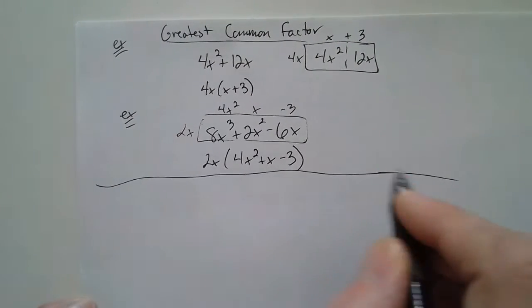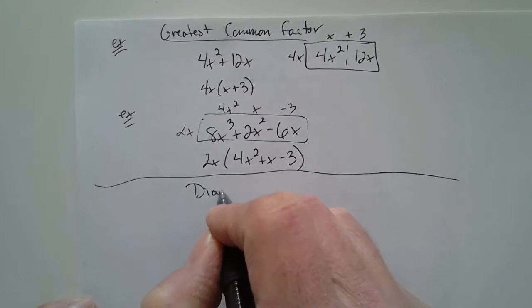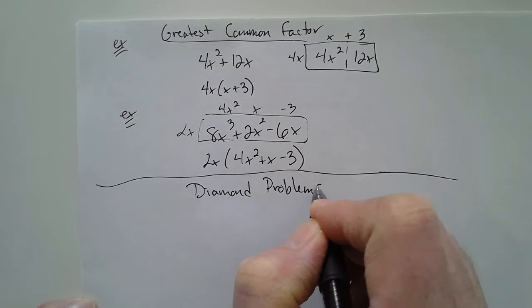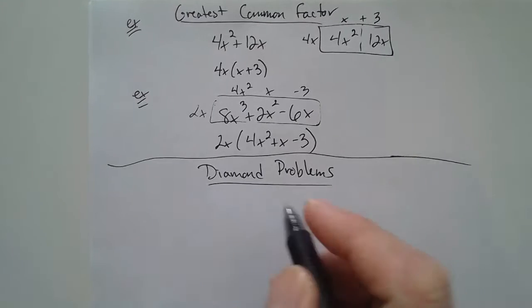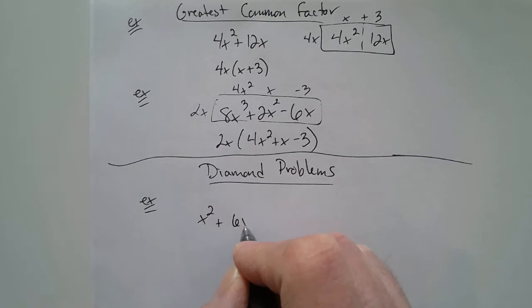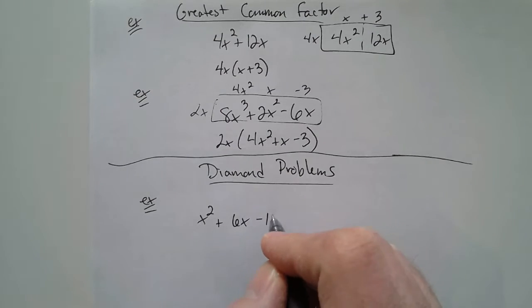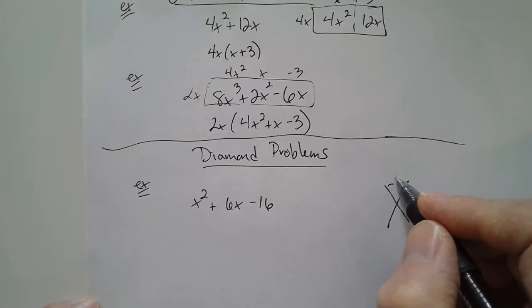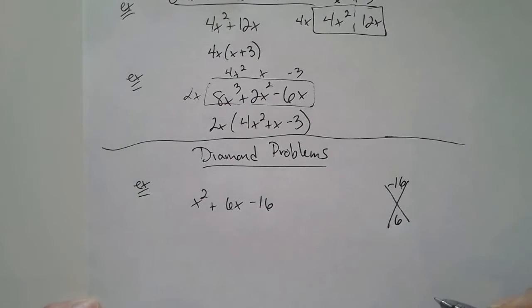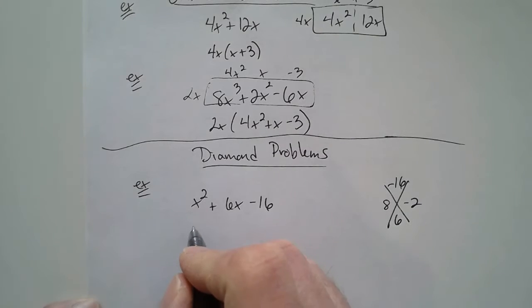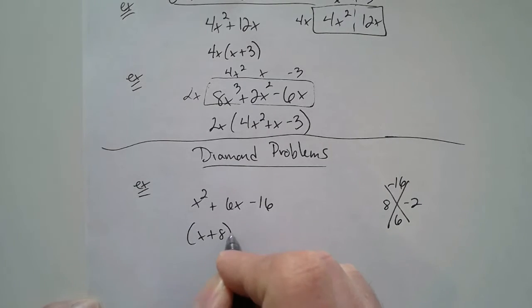Another type of factoring, I just call them diamond problems. So these are trinomials. x squared plus 6x minus 16. We're looking for two numbers that multiply to be negative 16 and add to be 6. So 8 and negative 2. So it factors to be x plus 8, x minus 2.